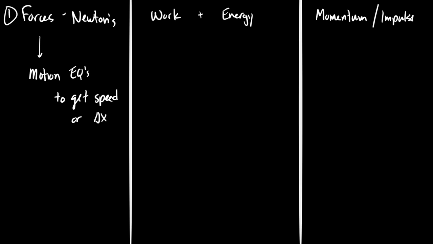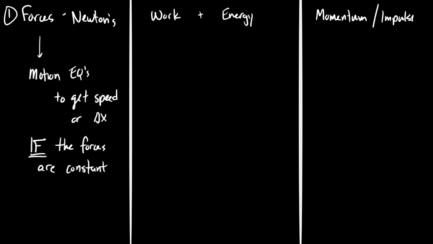Newton's laws are really good at telling you a force or an acceleration, but they could be used to get speed or displacement. But that's only if the forces are constant. If the forces aren't constant, then you can't use a motion equation. The only motion equation we know, the ones that we derived, are for constant accelerations.